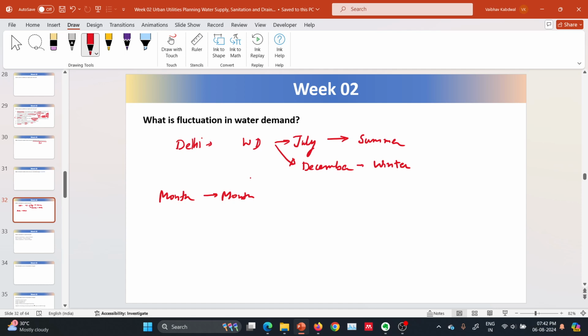So the water demand will change month-wise. Weekly also it will change, daily also it will change, and hourly also it will change. So this change is called fluctuation.